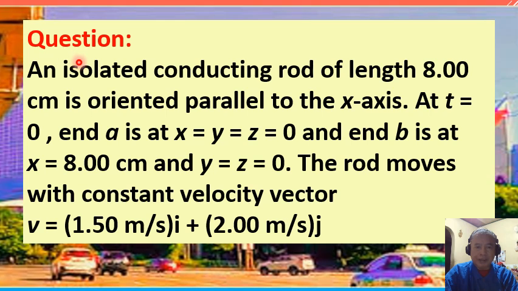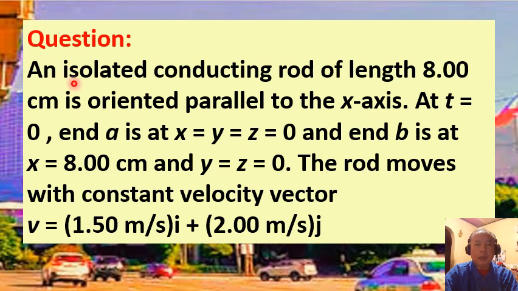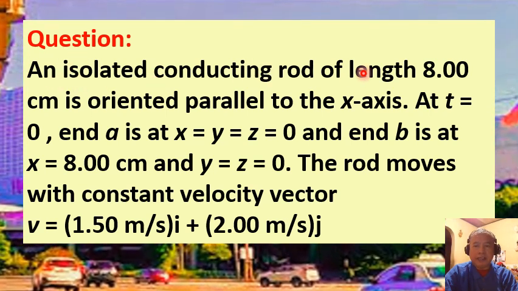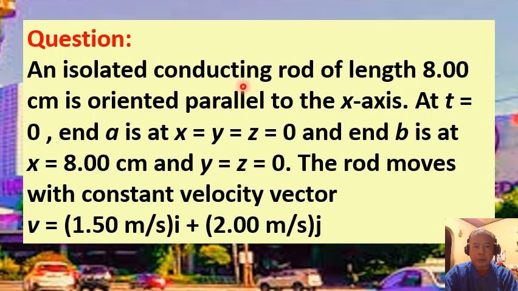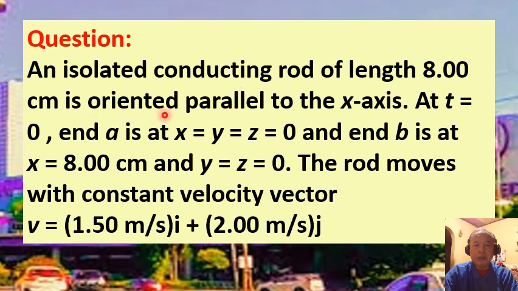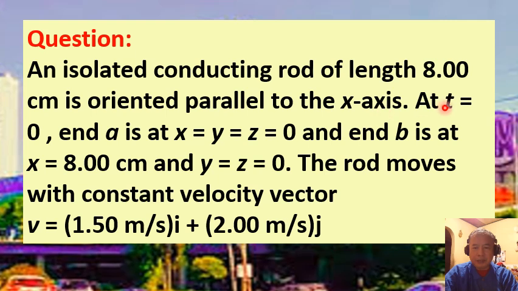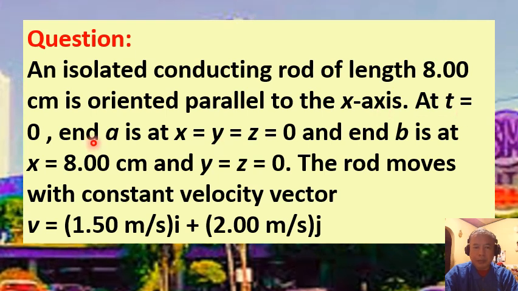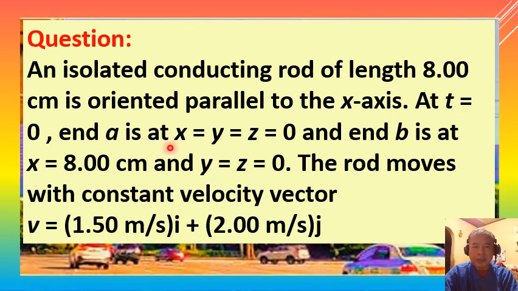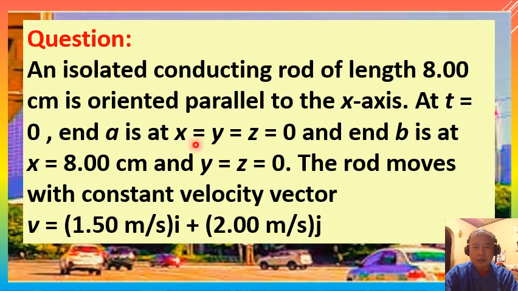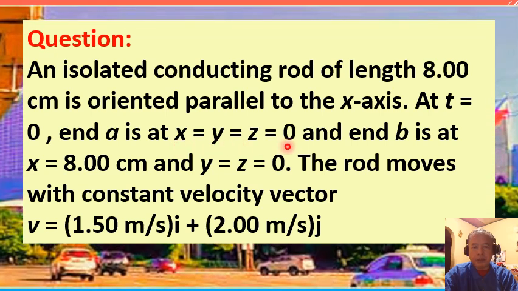The question is: an isolated conducting rod of length 8.00 centimeters is oriented parallel to the x-axis at time equals 0, and A is at x equals 0, y equals 0, z equals 0.